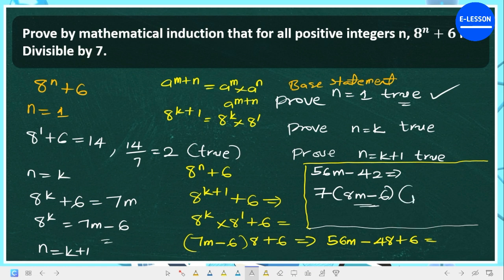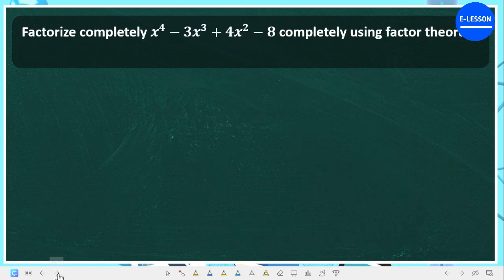So that is how you have been able to prove that this whole expression is divisible by 7. Now, I know that this one may seem somehow confusing. What you just need to do in this case is copy. When we have our physical class, I'm going to explain in detail how the process of mathematical induction takes place. So let's look at the next question.